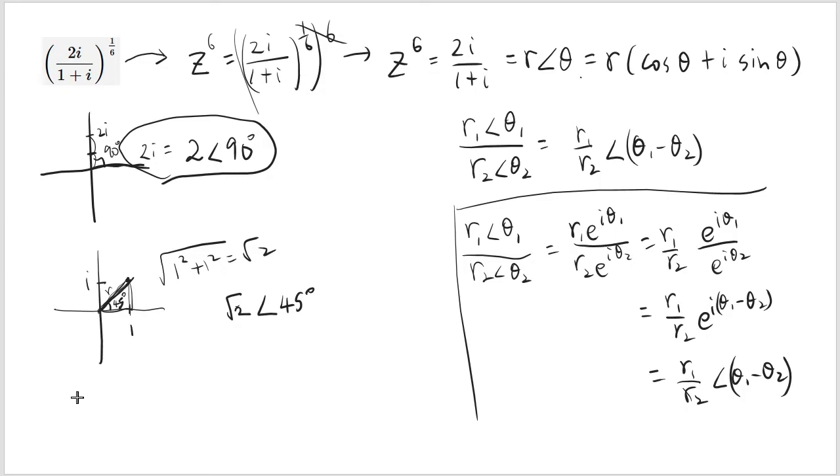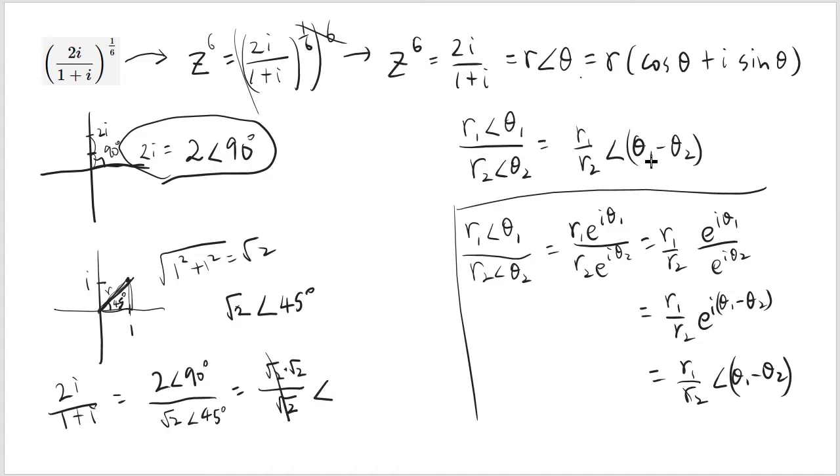Therefore 2i divided by 1 plus i equals 2 angle 90 degrees over radical 2 angle 45 degrees. Now 2 is square root of 2 times square root of 2, so if you divide by square root of 2, one of them will cancel.